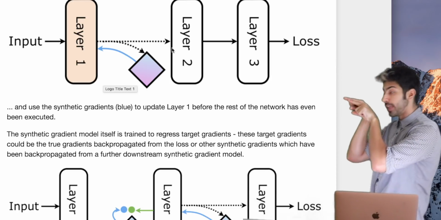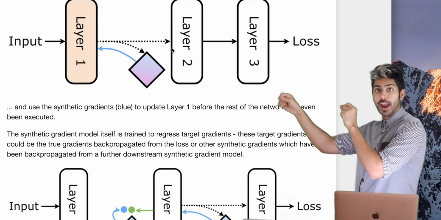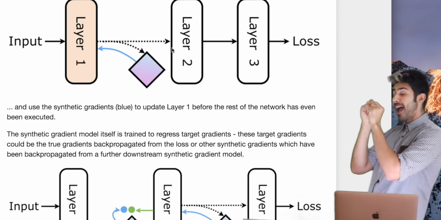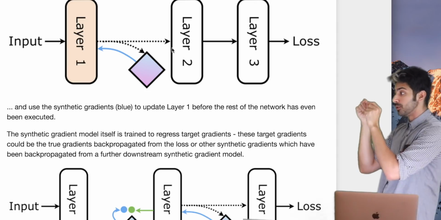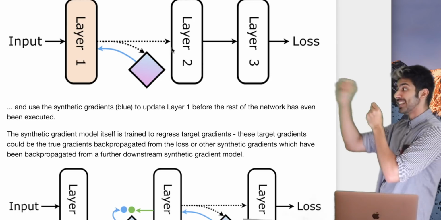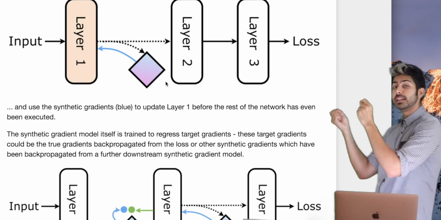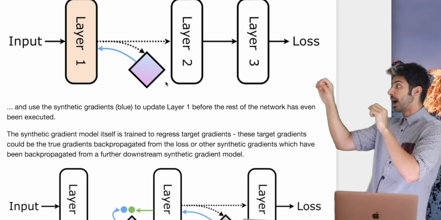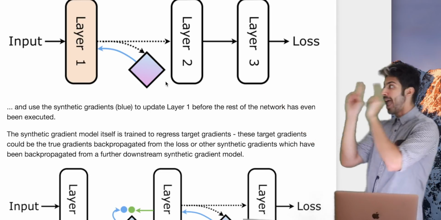Then rather than waiting for that data to forward propagate through every single layer, compute the error, and then backward propagate the gradients again and again until we get that gradient, and having to wait for that full forward and backward pass before we can update it, we just take the input, times weight, add a bias, activate, send it out, and then we use what's called this synthetic gradient generator to immediately update the weight for that network. So we take an input, compute an output, and then update it without having to wait for a full forward and backward pass. And we do that for every single layer.